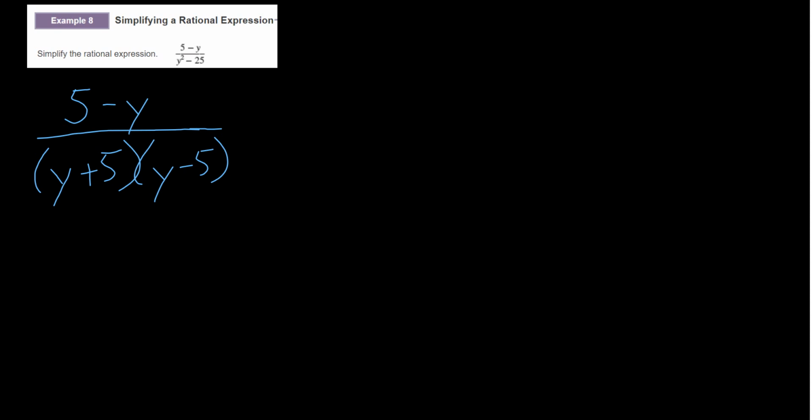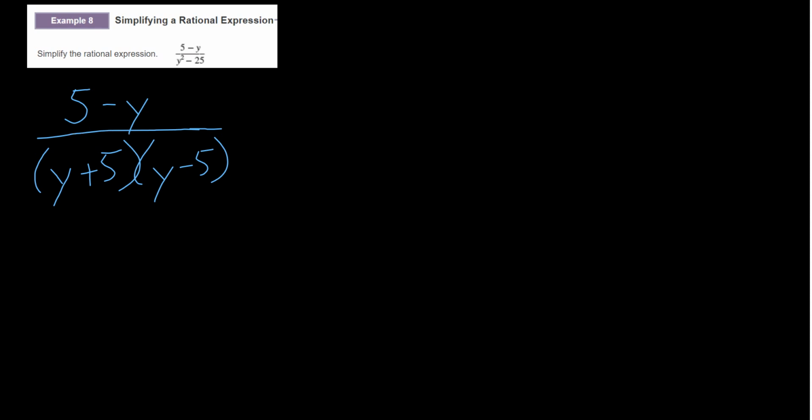Looking at this, my numerator has a +5, my denominator has a -y. Neither of those are on the bottom. We don't have a +5 and -y on the bottom, so we can't cancel to form a 1, right? So instead, we're probably going to have to cancel to form a -1.